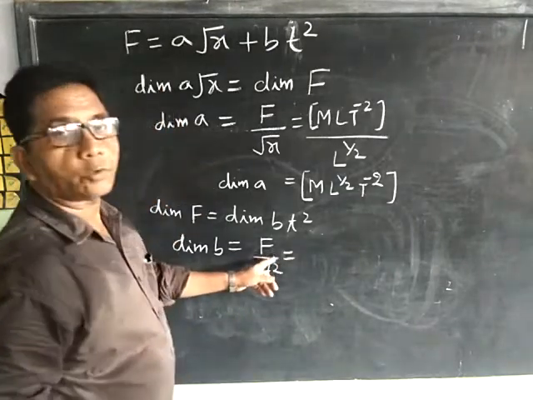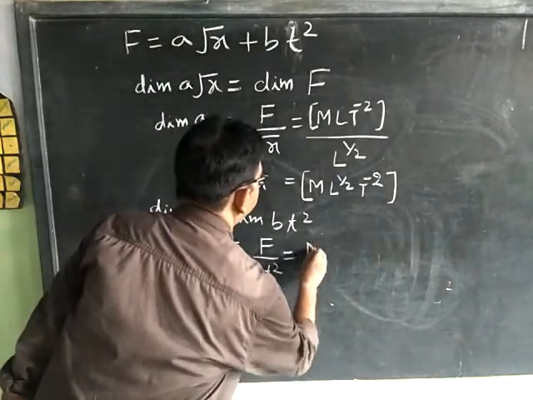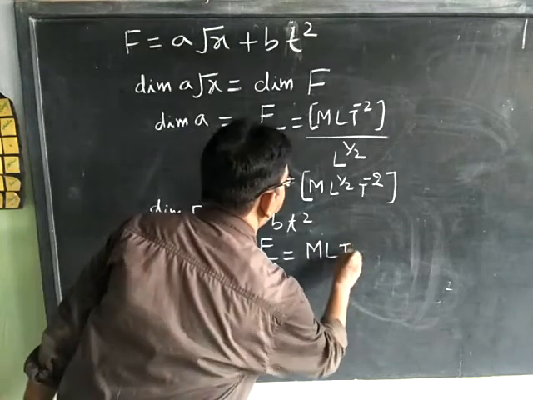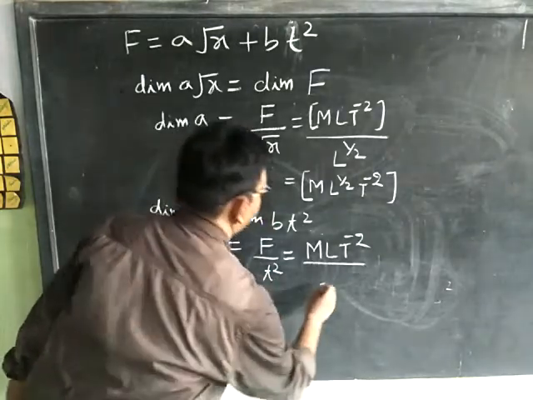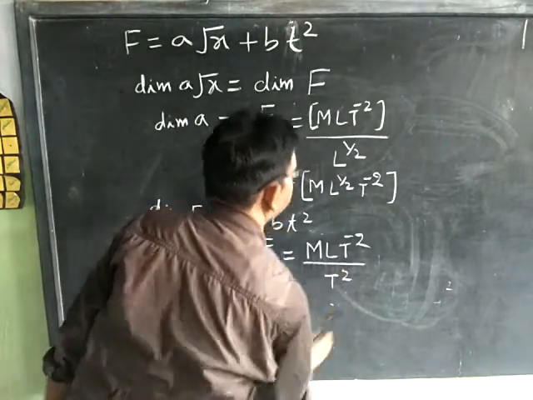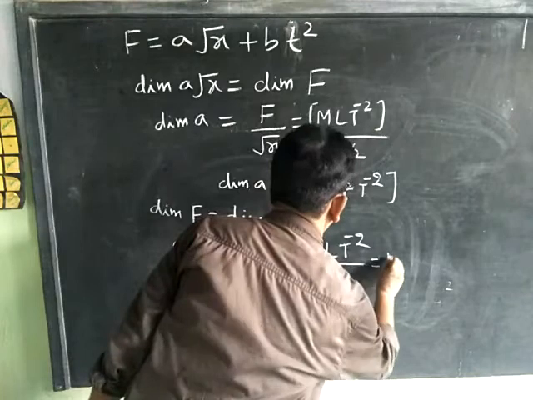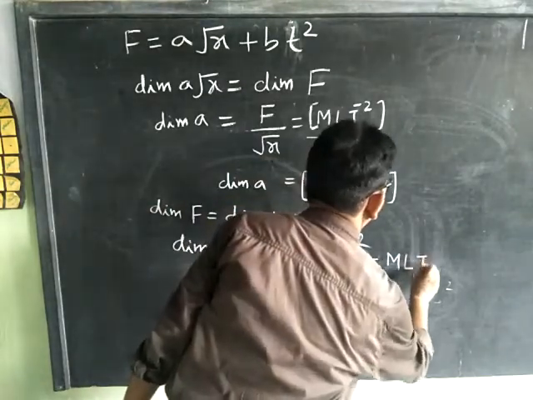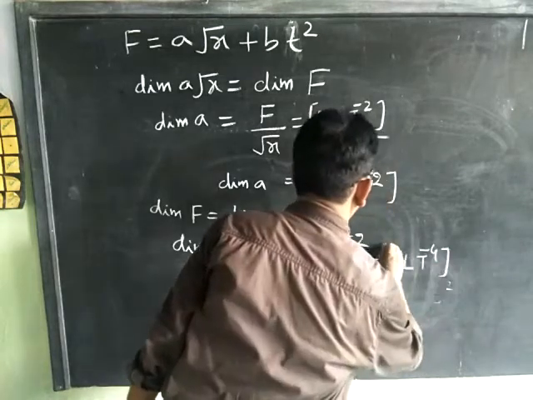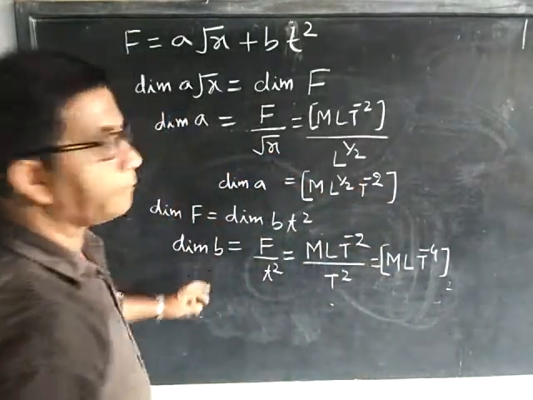Now dimension of force is M L T power minus 2, upon T is the time, that is T square. Then it becomes M L T power minus 4. This is the dimension of B.